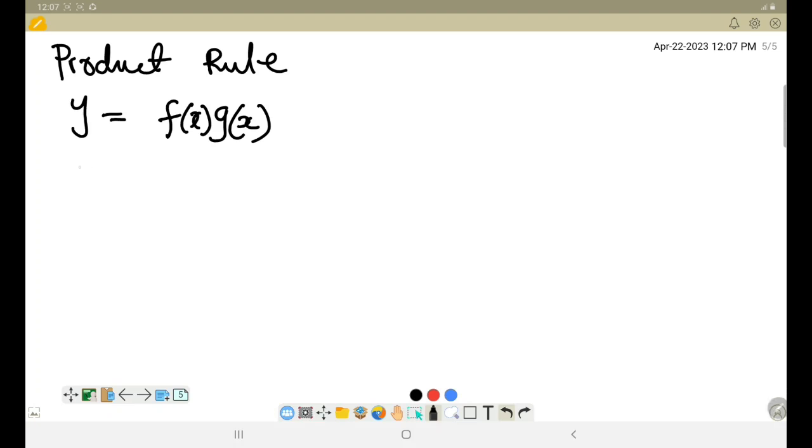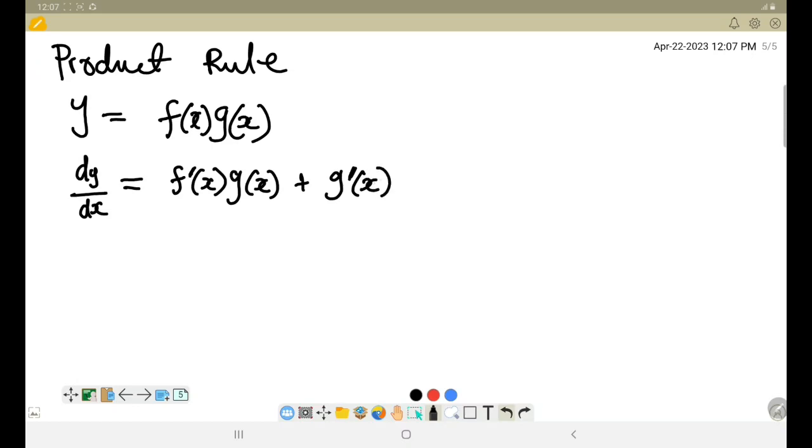When you carry the derivative here, you say dy/dx equals, you must differentiate f of x first. f prime means the derivative of f of x. Then you multiply by g of x. Plus, now you differentiate g of x. You multiply by f of x.